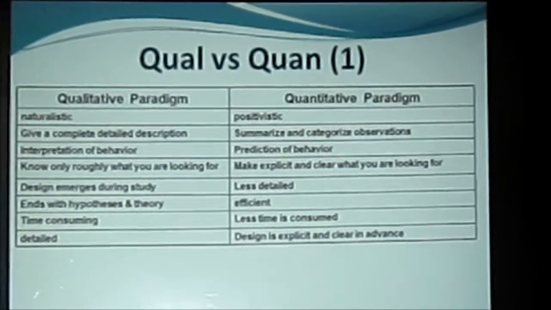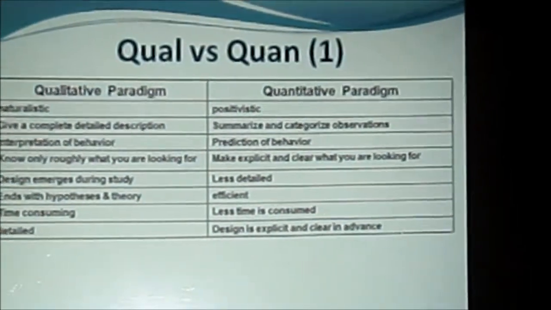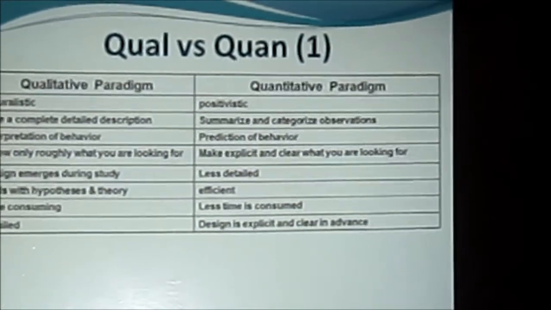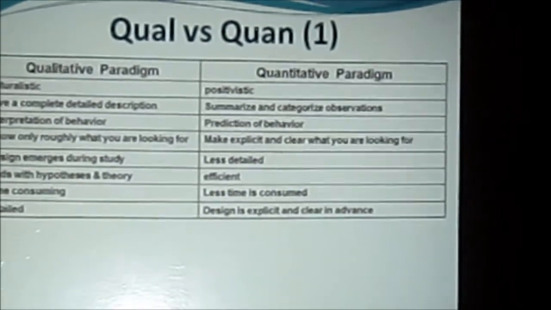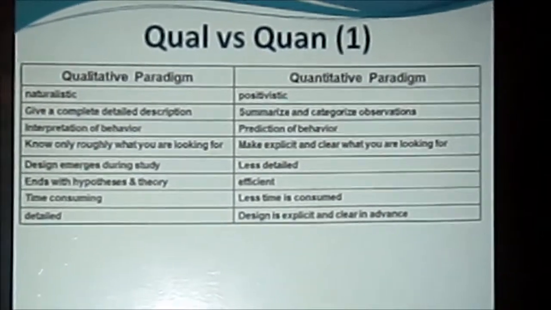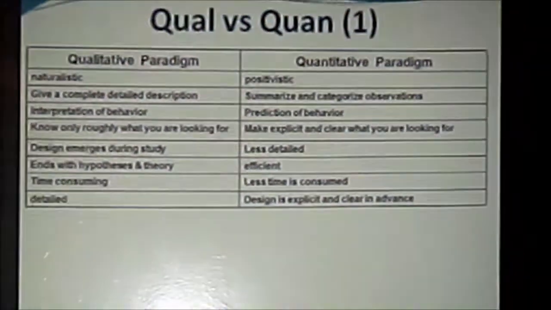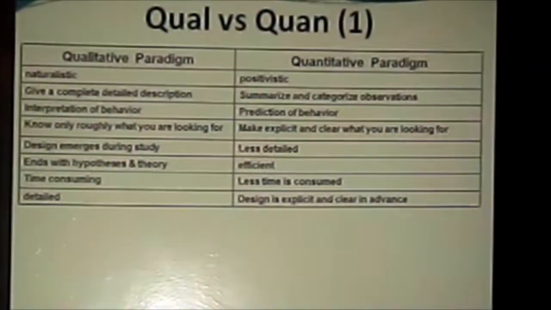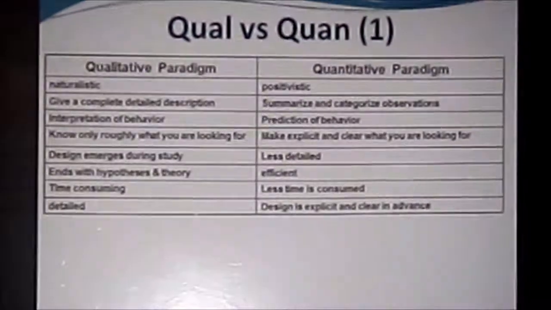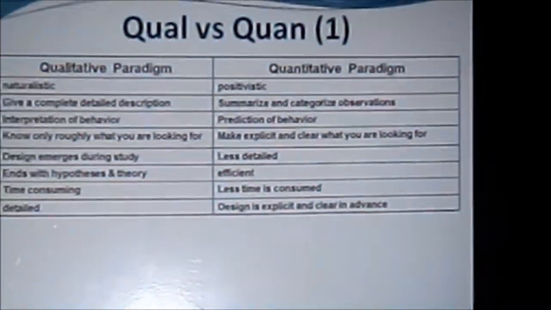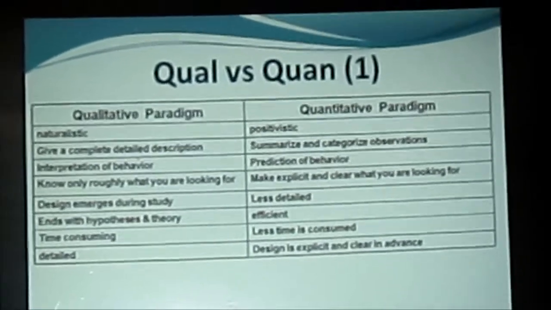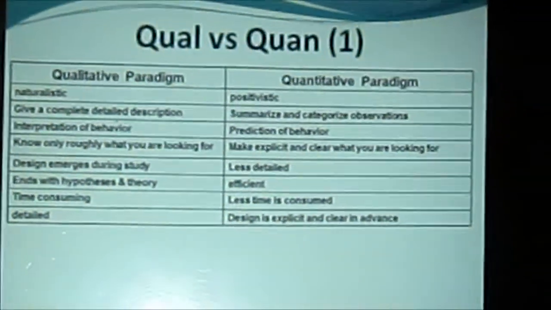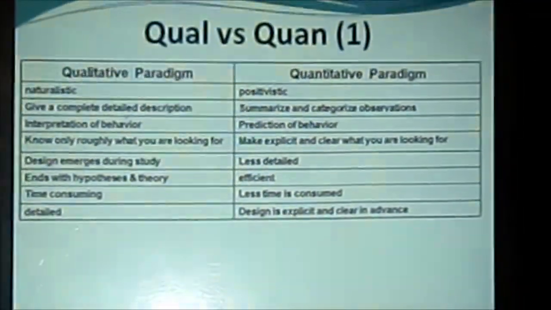Also, as I said, quantitative research is less detailed, and the design of the study in qualitative research emerges during the study. It means that in writing a qualitative research paper, the design goes with the flow of ideas.